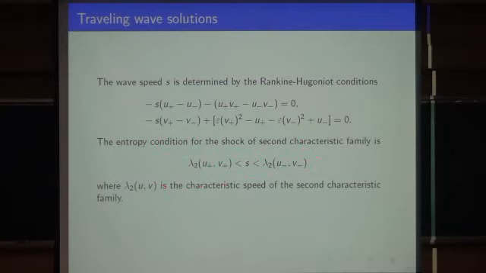If this entropy condition is satisfied, which is a necessary condition, then the ODE could have a connection. Because it's a system of conservation laws, there are two characteristic families of solutions. We are considering the second characteristic family, the viscous shock.